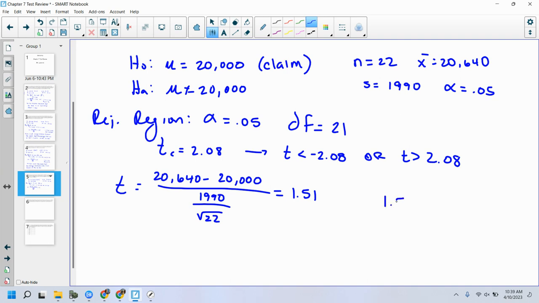Is 1.51 greater than 2.08? No. So we fail to reject the null.